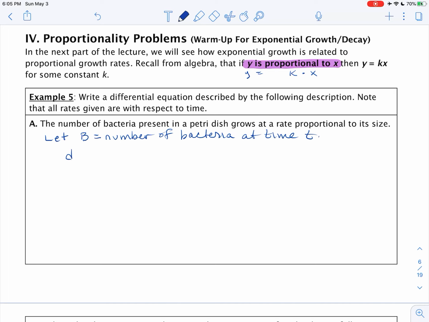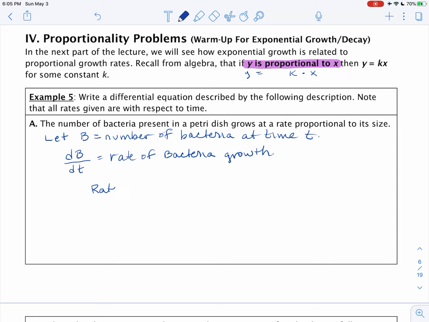Then we can say, if we take a derivative, the derivative of B with respect to t is going to be the rate of change of bacteria in the dish. Good. So if we were to write the statement, the number of bacteria present in a petri dish grows at a rate proportional to its size.